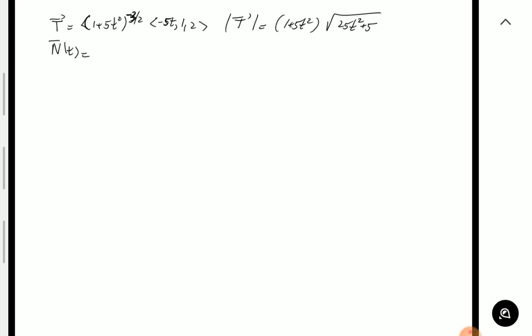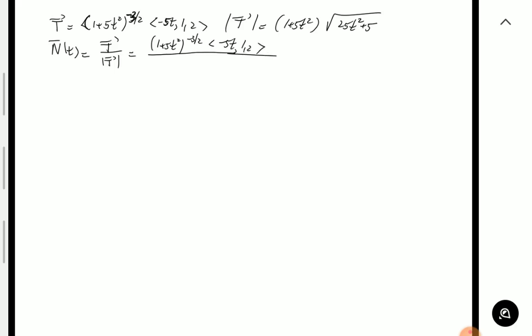But for once, because you never know when you actually have to do it on paper, you need to handle this if push comes to shove, even if it takes longer. So n of t is t prime over its magnitude. Let's put these together: 1 plus 5t squared to the minus 3 halves, times minus 5t, 1, 2.